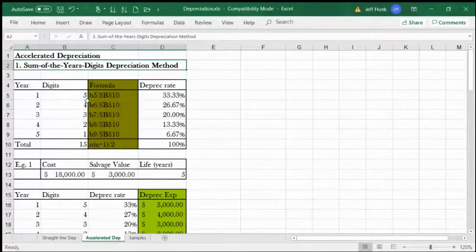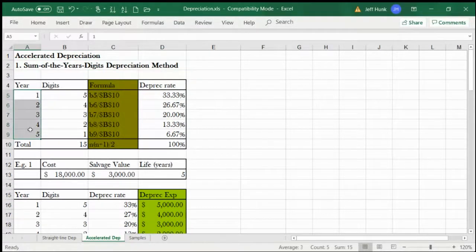Think about it, sum of the year's digits means what? If you sum, it's 15. And then I just sorted it in reverse order, right?